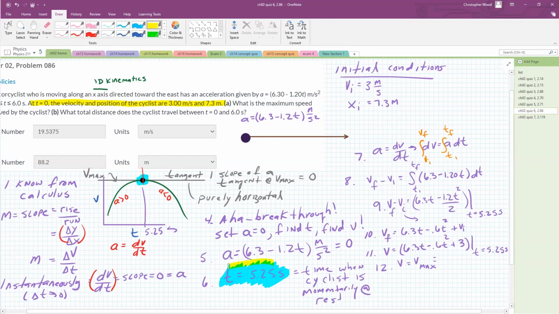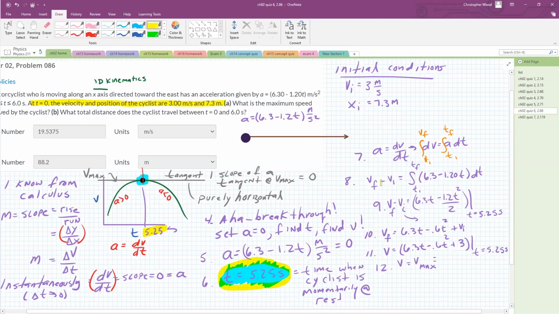In steps 1 through 6, I basically show that at 5.25 seconds, right here, I reach an inflection point for this velocity. This inflection point happens at the max value based on all of that conversation that went into steps 1 through 6. So step 6 says your max velocity happens at 5.25 seconds. 7 is good. 8 is good.